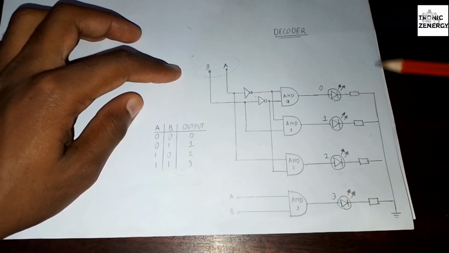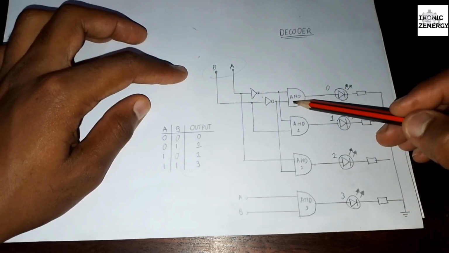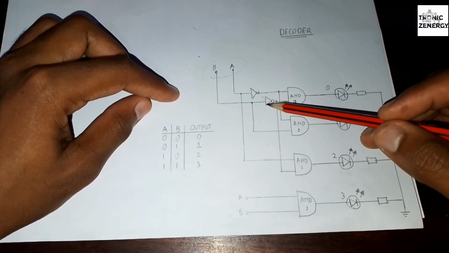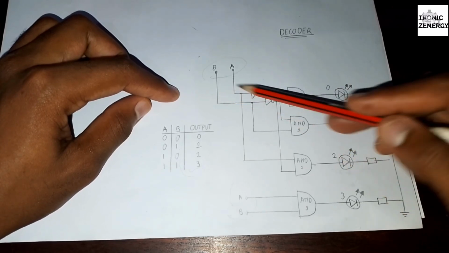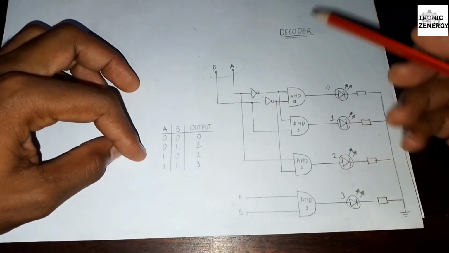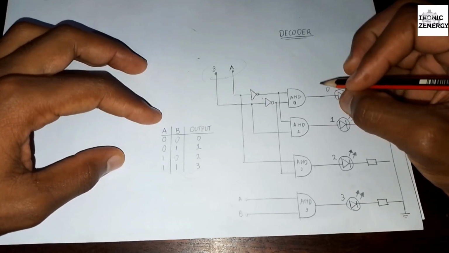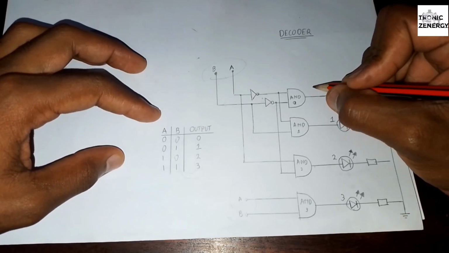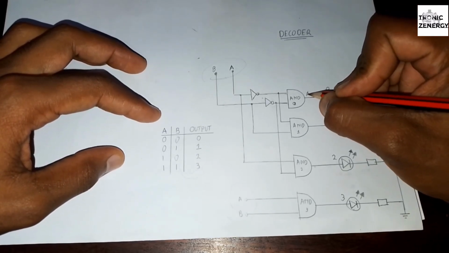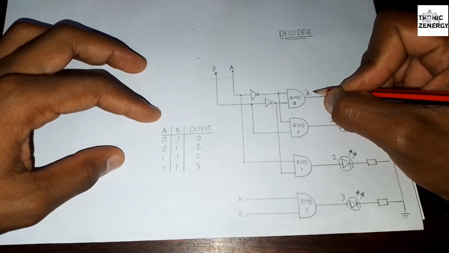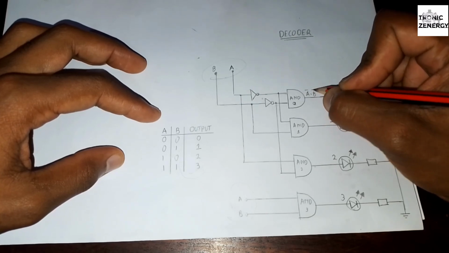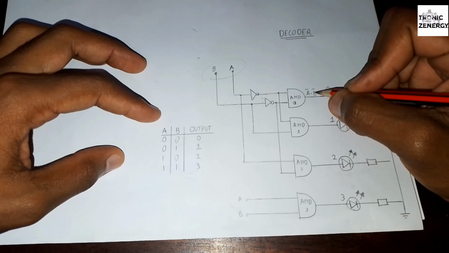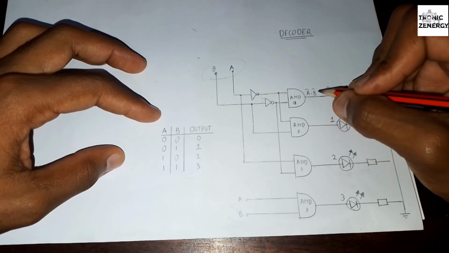For this first AND gate, you can see that the inputs are all negated. They are A and B, but they are negated, meaning the Boolean expression of AND gate number 1 is A bar dot B bar, or A complement dot B complement.